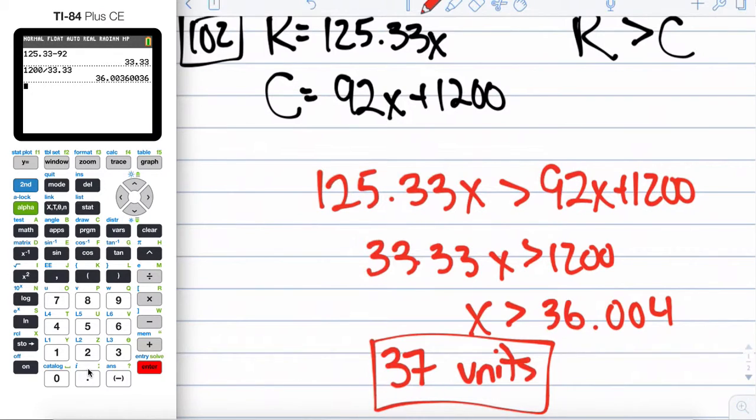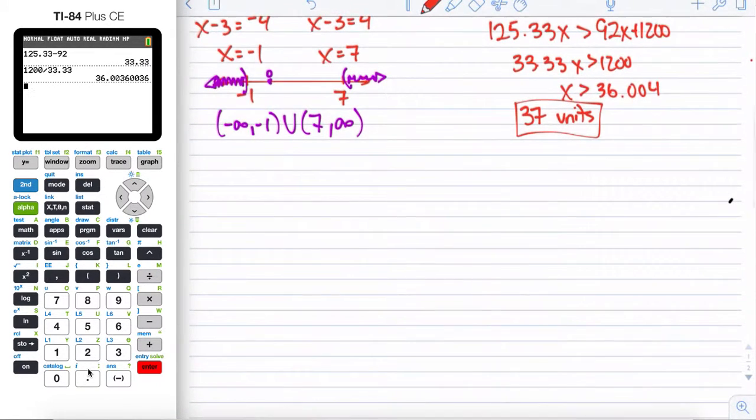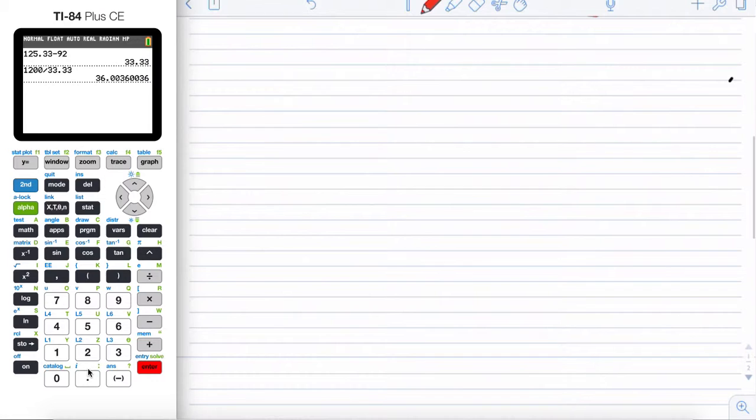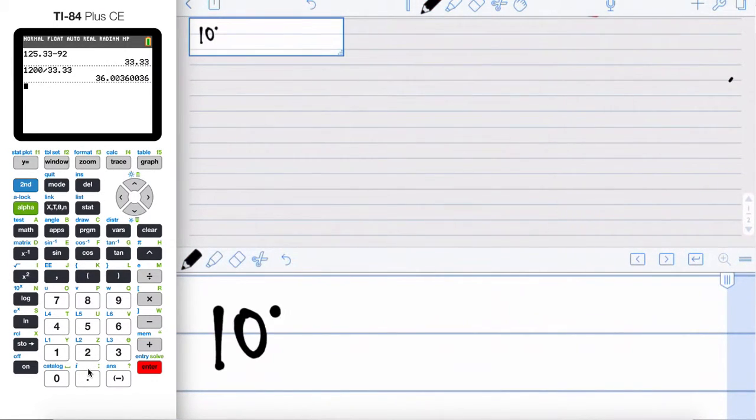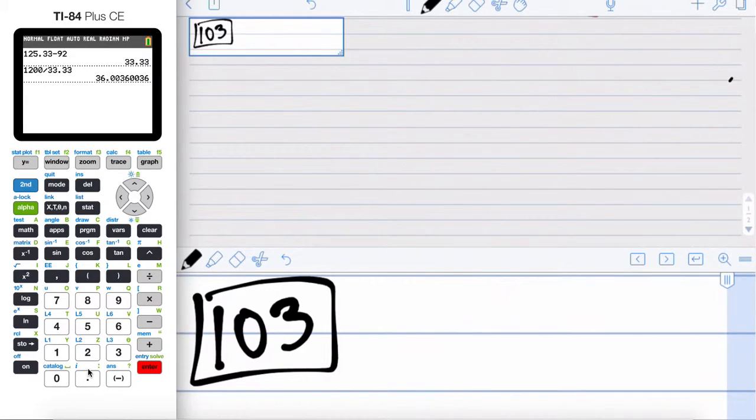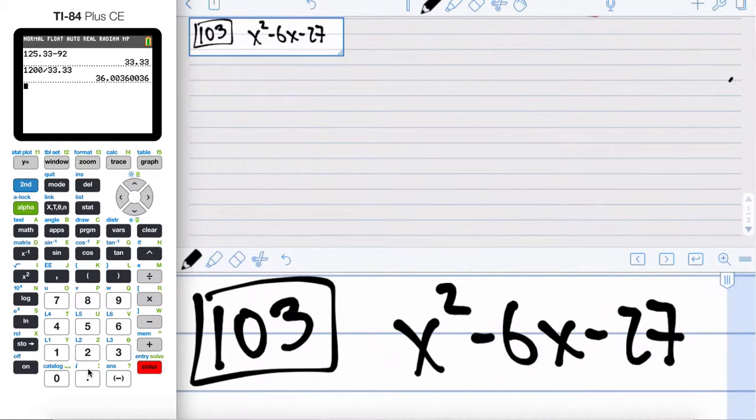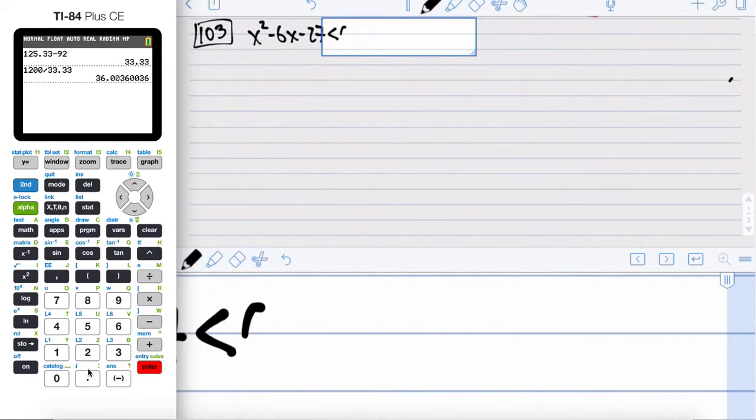Now, let me start on 103. 103 says solve the inequality. The inequality they give us is x squared minus 6x minus 27 is less than 0.